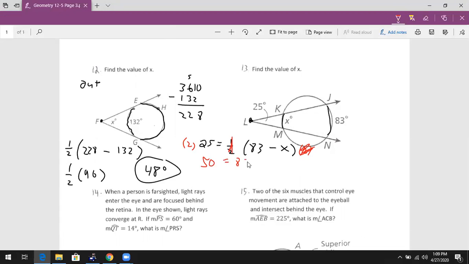So 50 is 83 minus x. Bring the 83 over, and negative 33 is negative x. Divide by a negative 1 or multiply by a negative 1. X is 33.